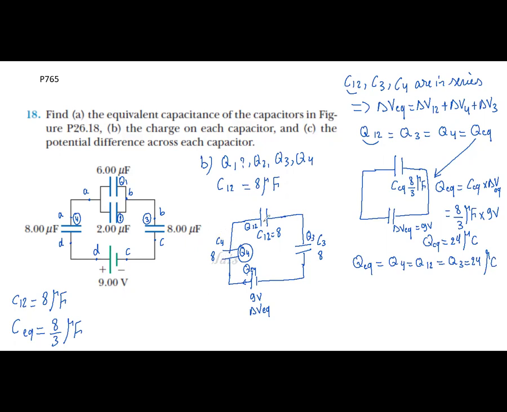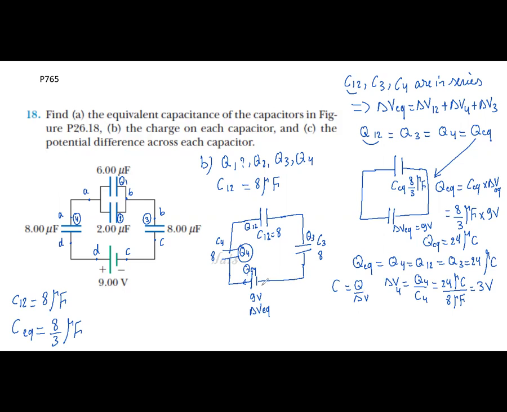We can calculate delta V. Using the relation C equals Q divided by delta V, delta V equals Q divided by C. Delta V4 equals Q4 divided by C4, which equals 24 microcoulomb divided by 8 microfarad. The answer will be 3 volt.